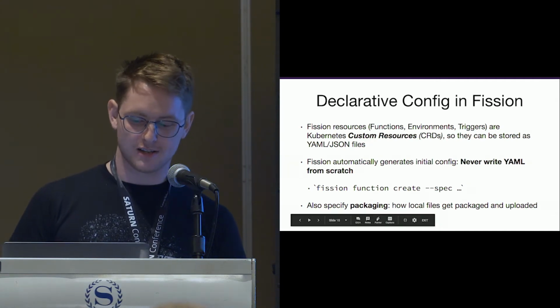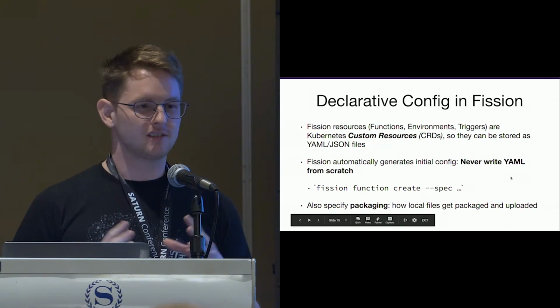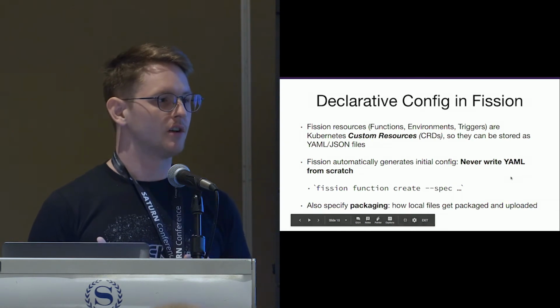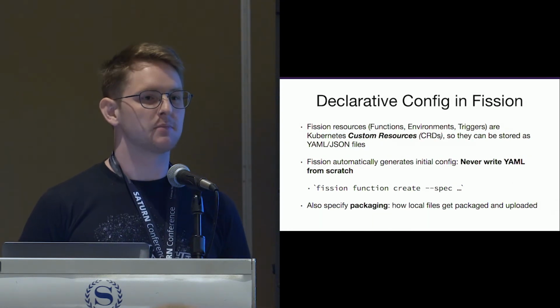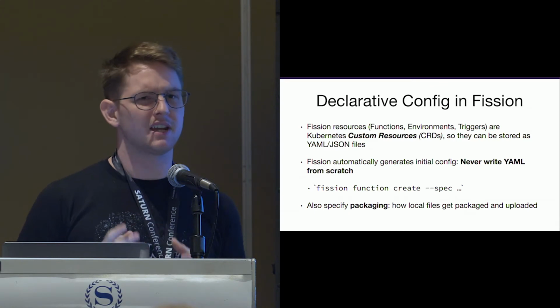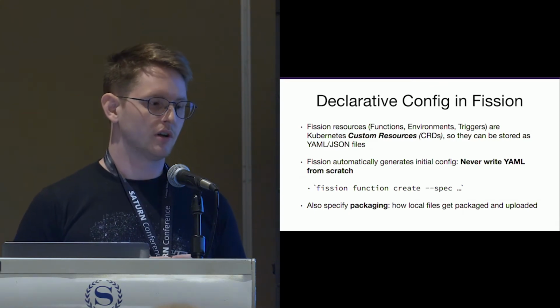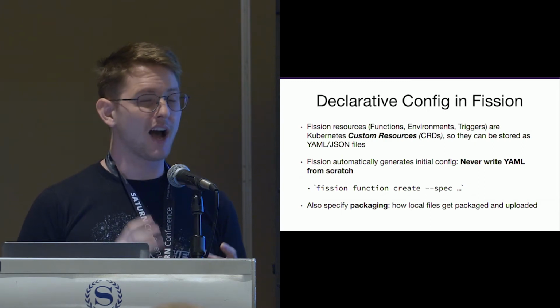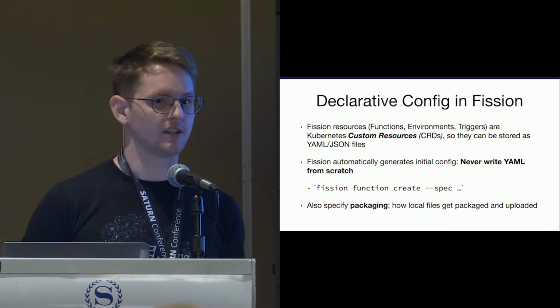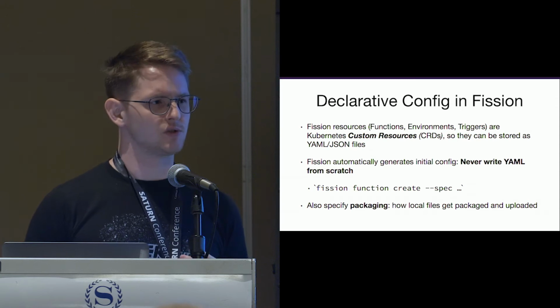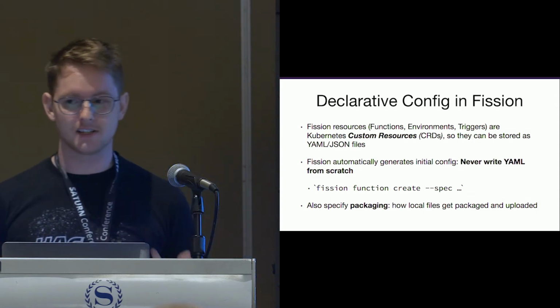And packaging is kind of what I was talking about earlier in regards to dependencies, but at least the way that we made Fission, we give you a lot of control over how your functions are packaged, right? I think with AWS, you just sort of upload this zip, which contains everything.